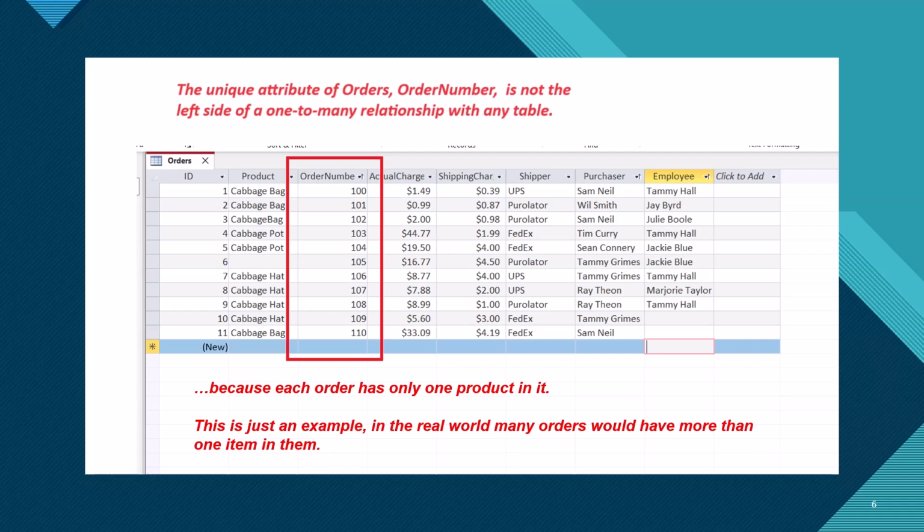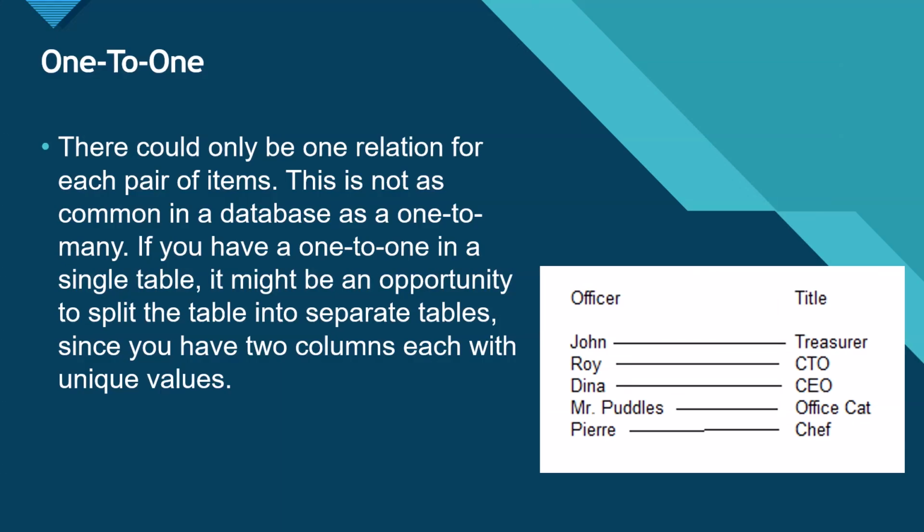In the real world, usually you'll have multiple items in one order, and so order number would be repeated a few times, but it would still be a one-to-many relationship because each item ordered would be different or potentially different. I'm making it a little complex. Just for one-to-many, think of the diagram of cat to different types of cat.